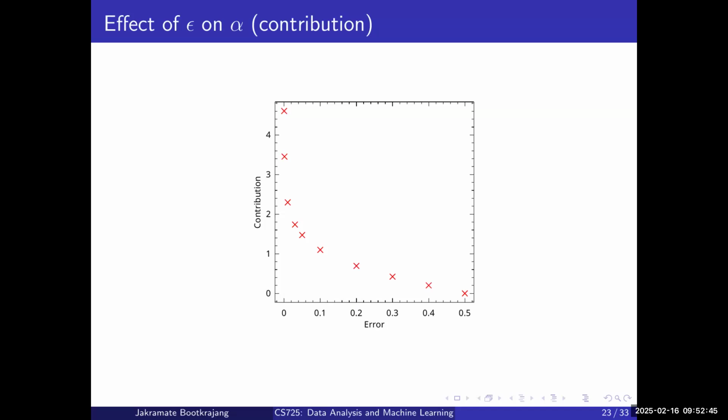So the relationship between the error rate and the weight, or the contribution, is basically curved like a log curve. We use the log function, so it's going to be something like this.